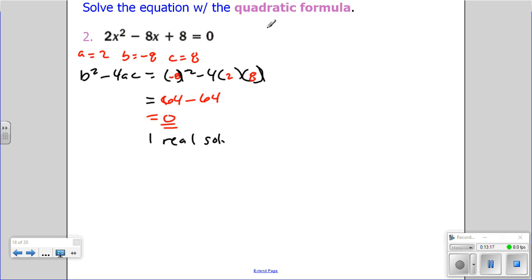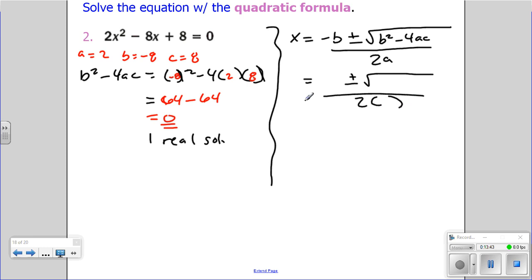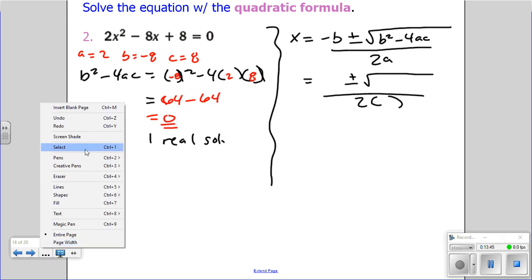So let's find the solution. Again, write the formula over and over and over again until you have it memorized. X equals opposite b plus or minus the square root of b squared minus 4ac all over 2a. All right.